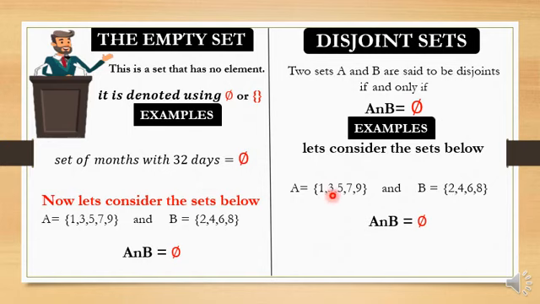So finally, there is no element in set A that is also found in set B. So the set A intersection B is empty. There is nothing there. It's an empty set. Hence, since A intersection B is empty, we can conclude that A and B are disjoint sets. So I hope we now have a clear understanding of what disjoint sets are.